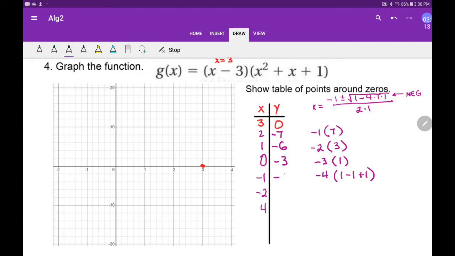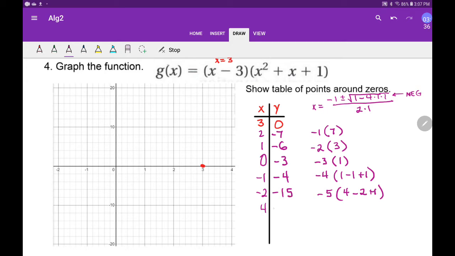So I still have negative 4 when I'm done. When I put in a negative 2, I have negative 5. This could be getting more serious here. I get 2 squared is 4, minus 2, plus 1, plus 1. And so let's see, what is that? That's 3, that's negative 15.